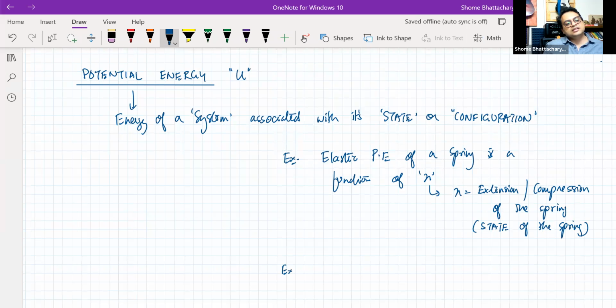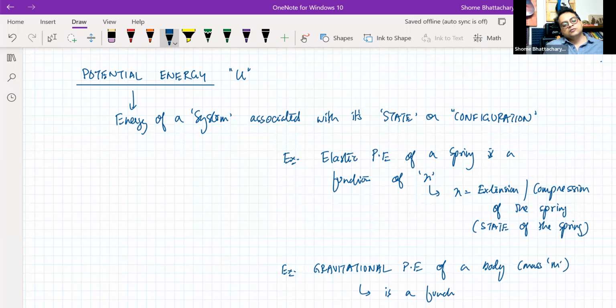Another example is gravitational potential energy of a body of, let's say, mass m. The value of this is a function of its height from the ground level.